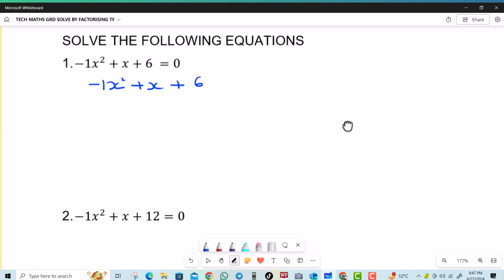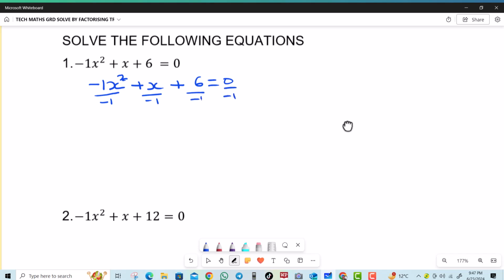Now, to get rid of this negative 1 like we did before, you can divide by negative 1 everywhere. When we do so, we're going to have here what? Divide by negative 1 here, here, here, and here.